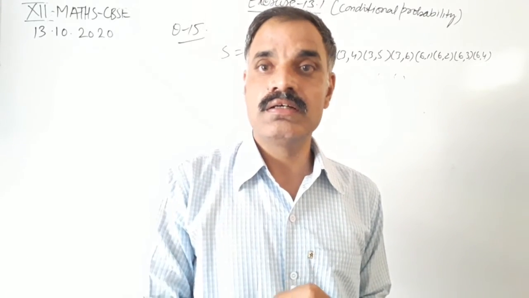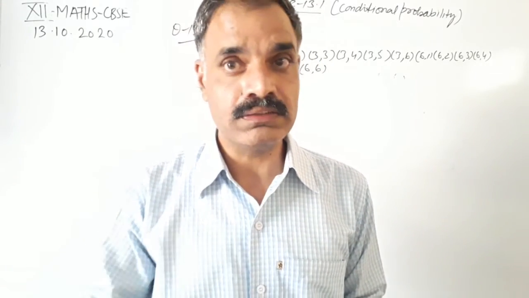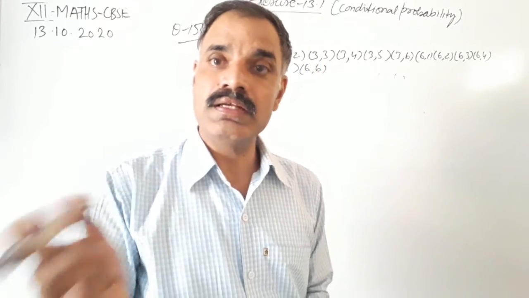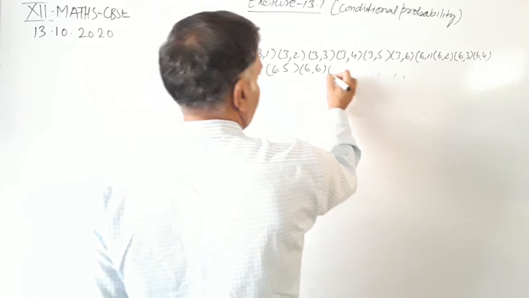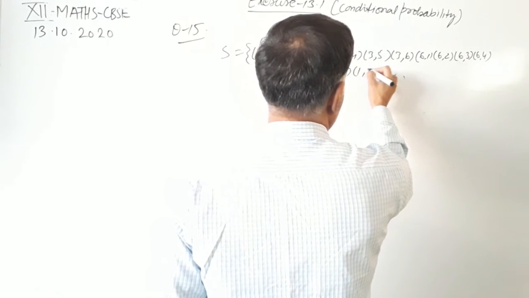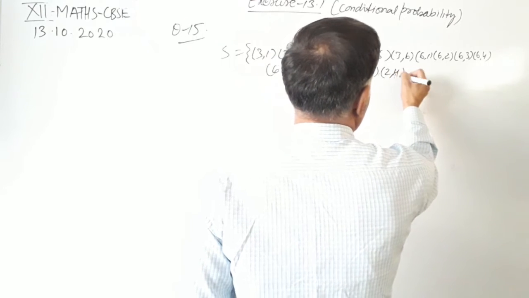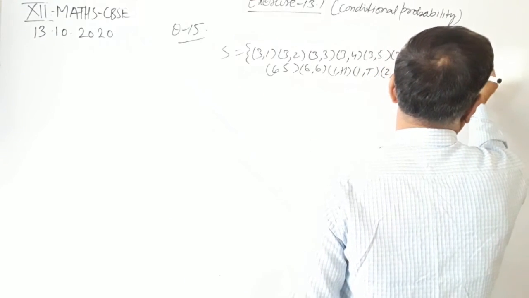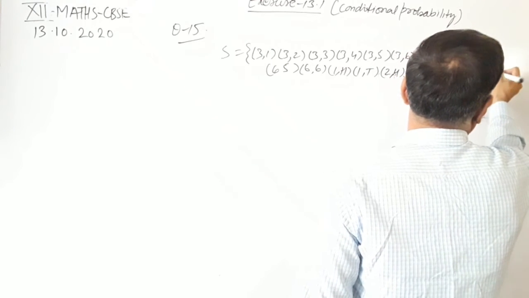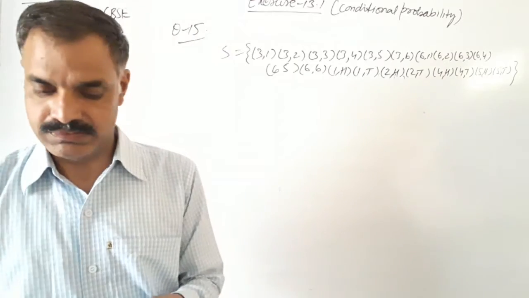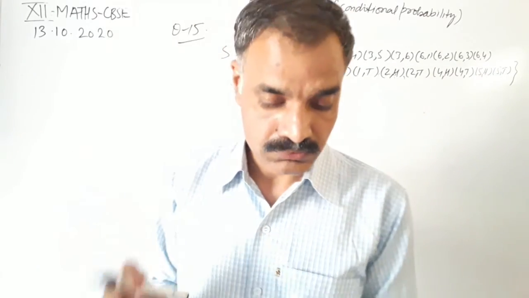And if the number is not a multiple of 3, then toss a coin: 1 head, 1 tail, 2 head, 2 tail, 4 head, 4 tail, 5 head, 5 tail. So this is the sample space.